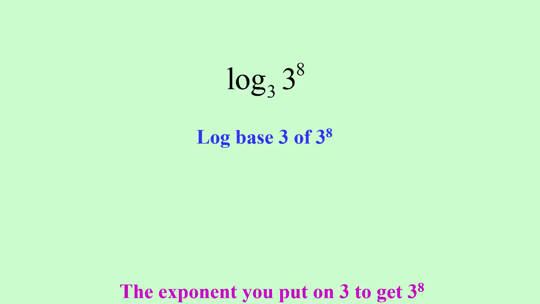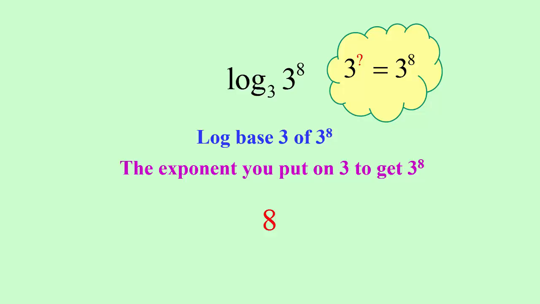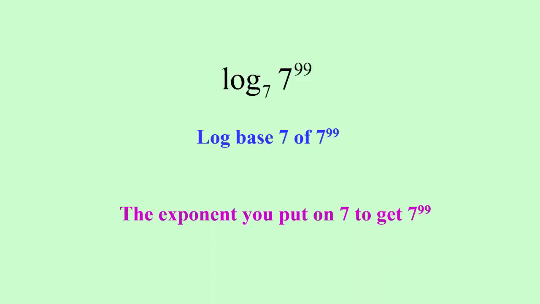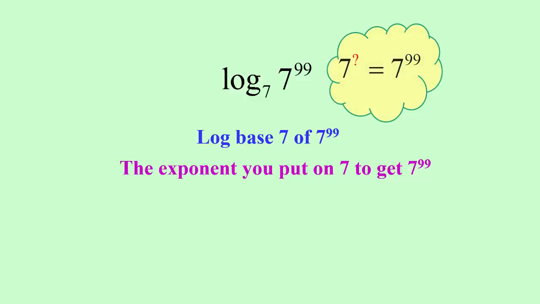What exponent do you put on 3 to get 3 with an exponent of 8? What exponent do you put on 7 to get 7 with an exponent of 99? Let me tell you something a little interesting about this. If you try typing this in your calculator, it will not work. However, we know, just from looking at it, it's going to be 99.